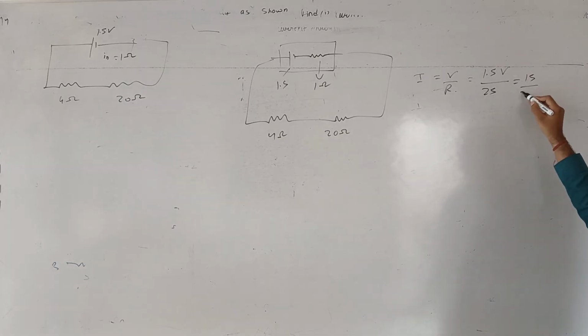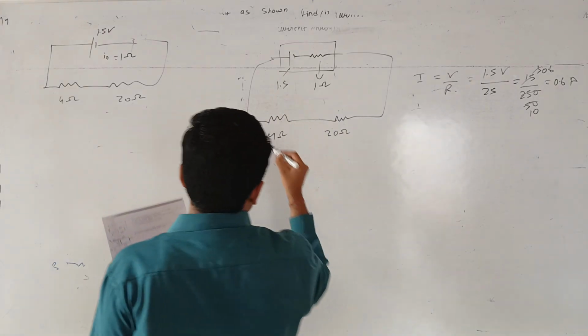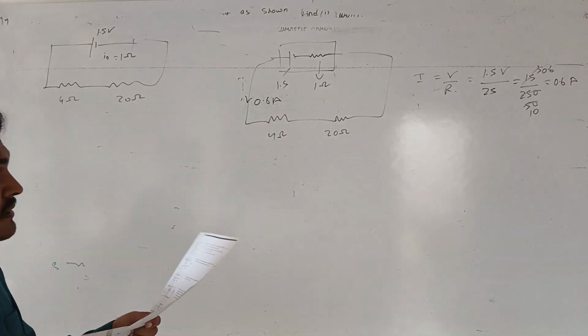So 1.5 upon 25, which comes out to be 0.06 ampere. So current in the circuit is 0.6 ampere.